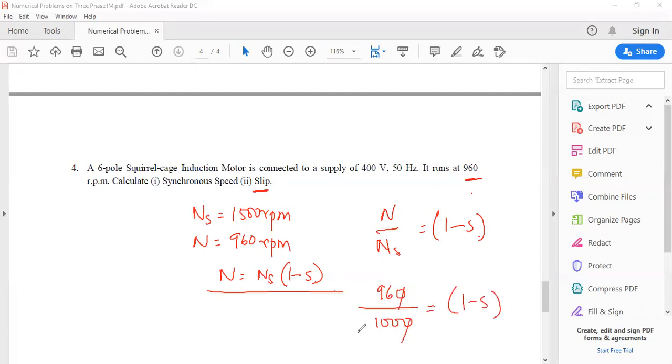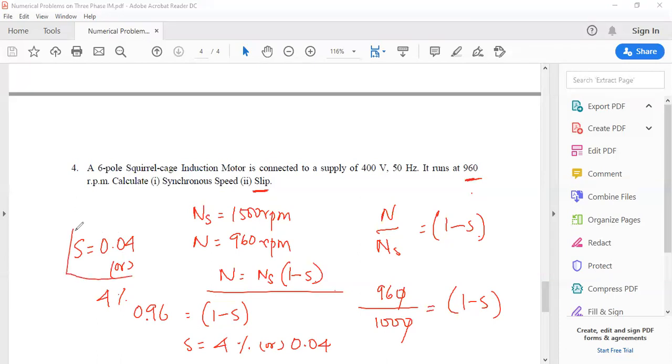So 96 divided by 100 is 0.96. 0.96 equals 1 minus s. So s is 0.04 or 4%. This is the slip. Slip is given as small s, and synchronous speed is given as ns.